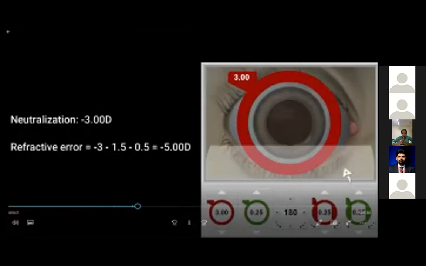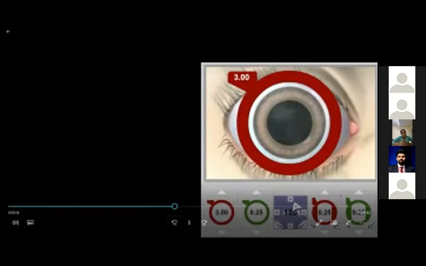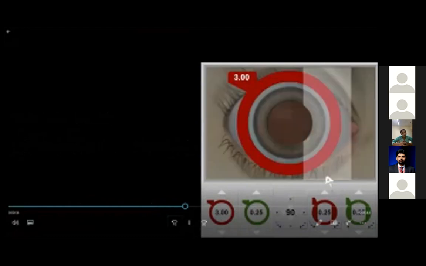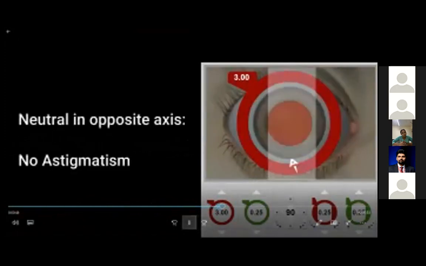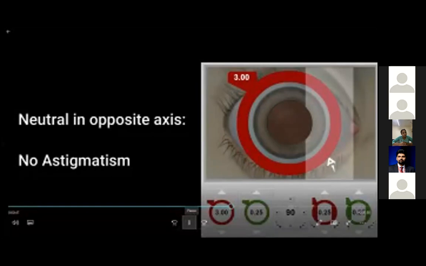Now what we do is we turn this streak perpendicular. So we make the streak from 180 degrees to 90 degrees, and we recheck if we still get neutralization with this lens at 90 degrees also. That means there is no astigmatism. Okay, so this is just a spherical power.